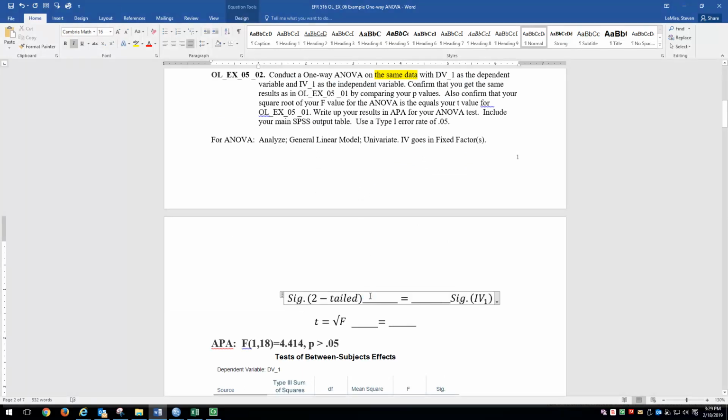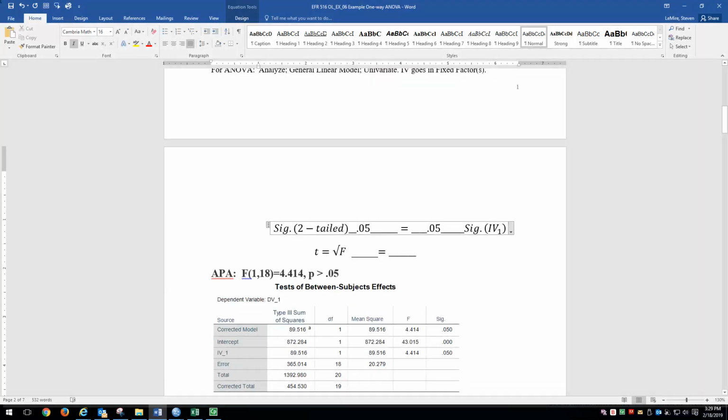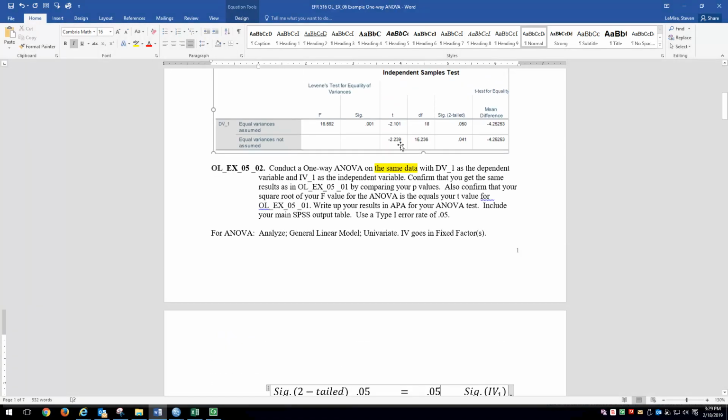So for the two-tailed test, it was 0.05. And for the ANOVA test, it was also 0.05, as we see right here. So we see that we got the same result as far as p-value. Now, the t that we got up here was minus 2.010. So I'll go ahead and put this here.